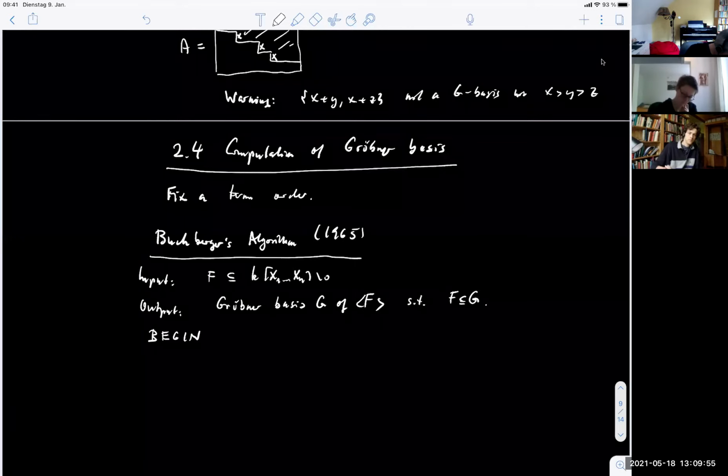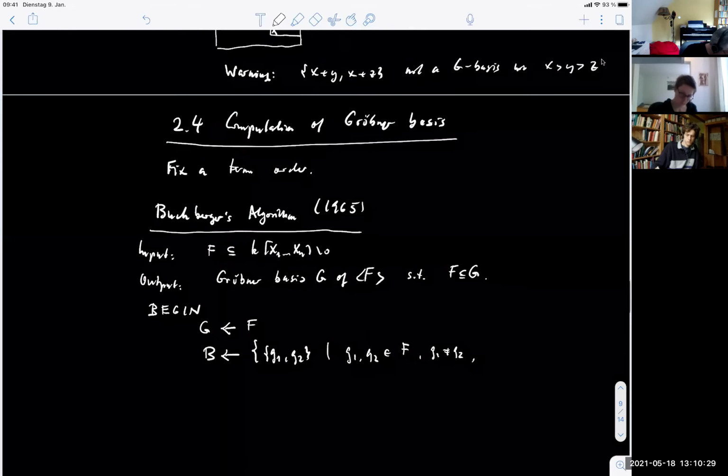I begin my program. Initially G is the set F. And I have some auxiliary variable B, which initially consists of all pairs G1, G2 that are to be considered. So G1 and G2 are in F. Of course, they should be different, otherwise there's no point.